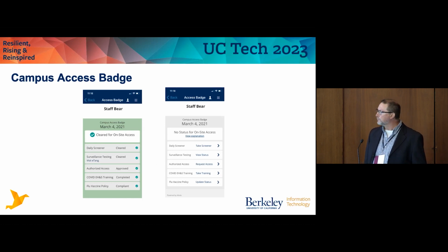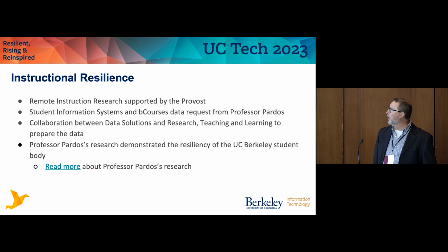We had a corresponding thing on our people cards portal, which is HR related information where you as a supervisor could look and make sure that your folks were in compliance if they actually were going to be on campus.